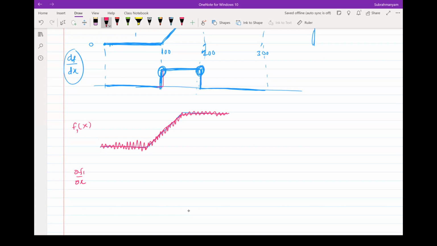Don't usually apply the gradient right away. Before applying the gradient, you apply the smoothing operation, and then followed by it you apply the gradient. Is that clear?